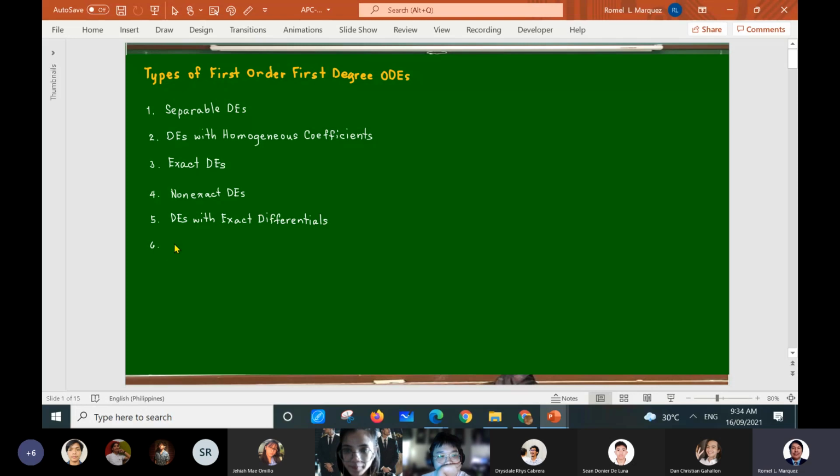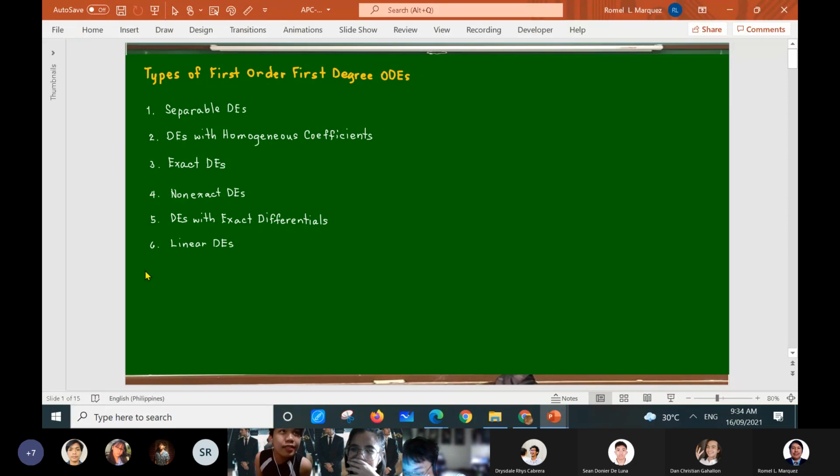Number 6, we have linear differential equations. 7, we have Bernoulli's differential equation. 8, differential equations solvable by simple substitution.